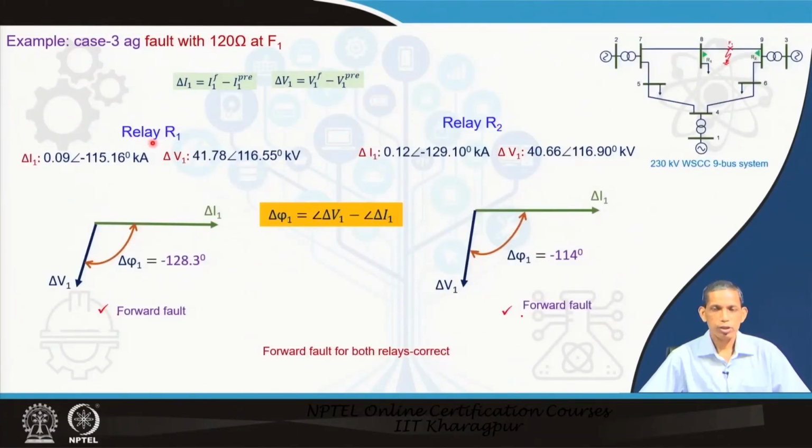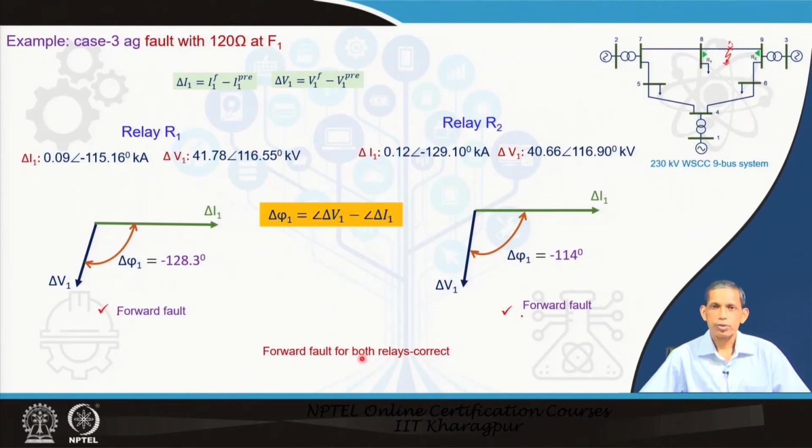Now, if you see the performance of R 1, we got the delta phi 1 to be negative even though the fault resistance is very high, which is correct, and the delta phi 1 of minus 114 degree for R 2 is also correct. So, both relays correctly identify the direction of fault using the principle of superimposed quantities.